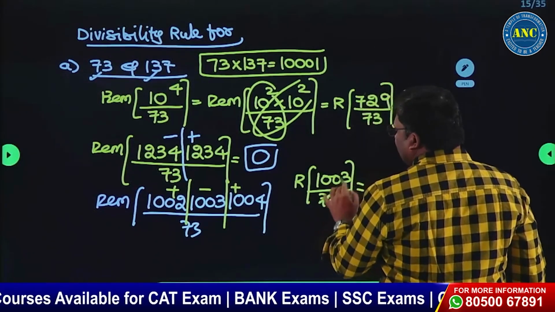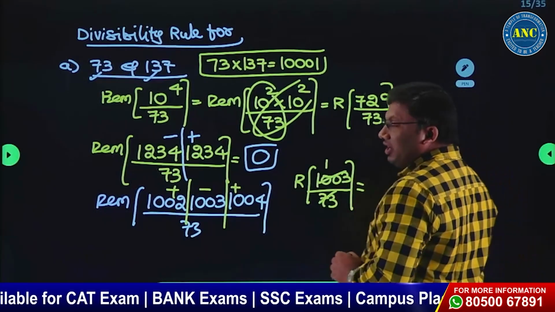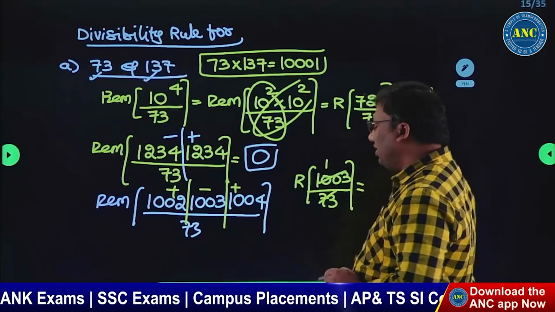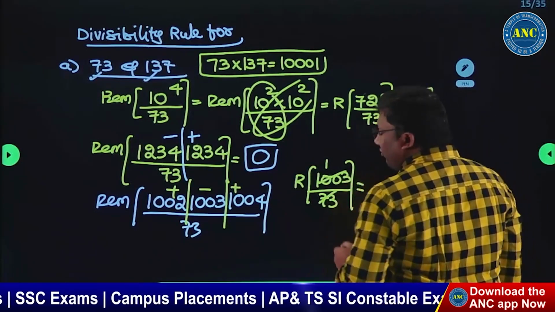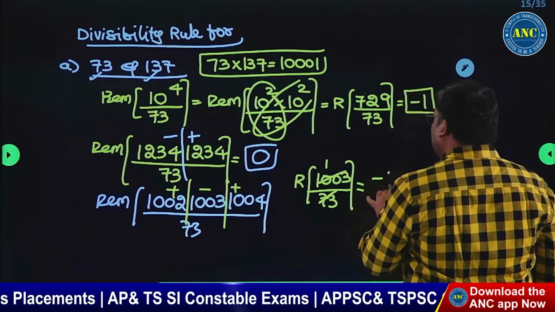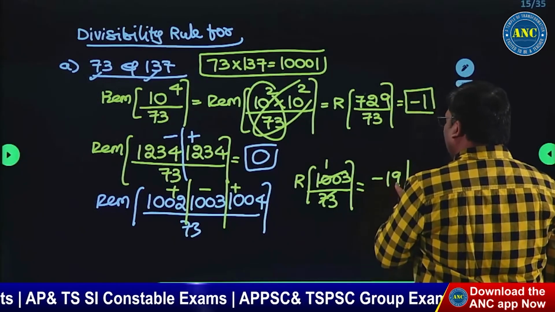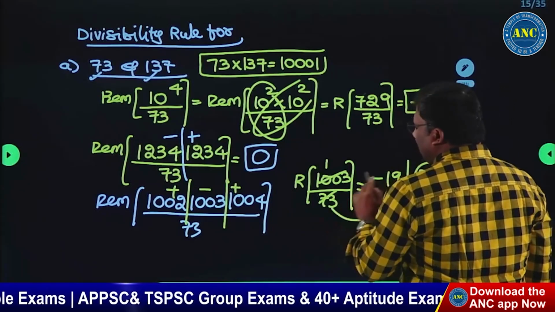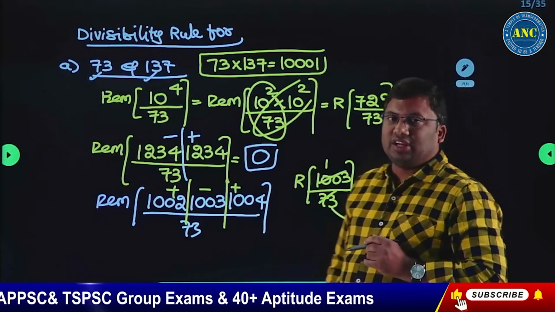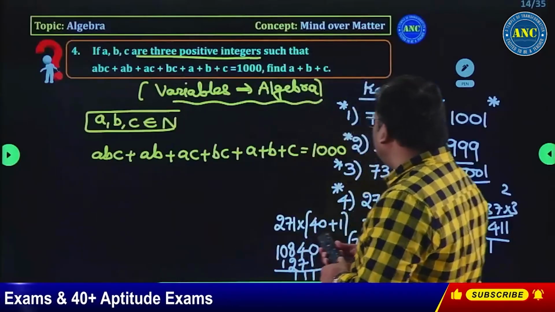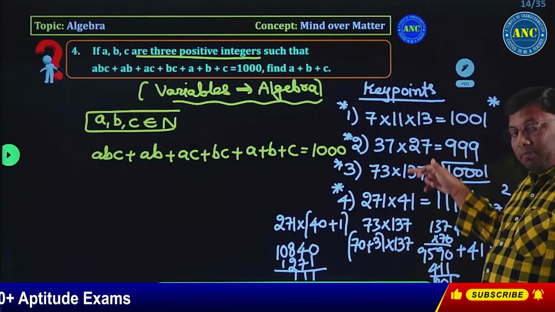Whatever answer you get, that itself is the remainder. 73 ones are 73. Remaining is 273. 73 fours are 292. That means it is minus 19. Negative remainder minus 19. For a positive remainder, add it with the denominator. 73 minus 19 is 54. I hope the idea is clear. That is the reason I said these multiplications are important.